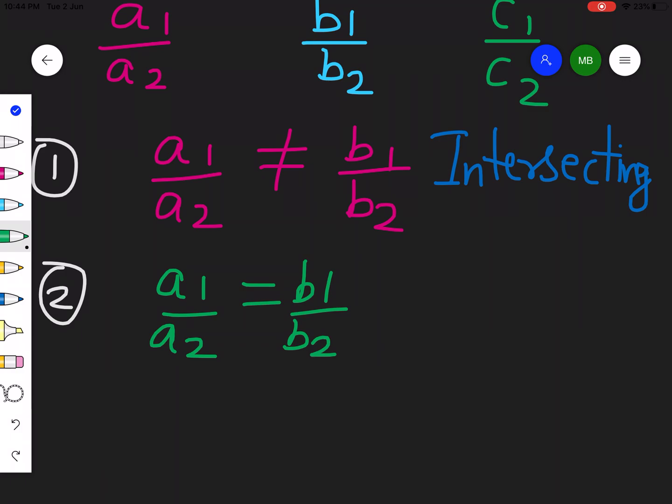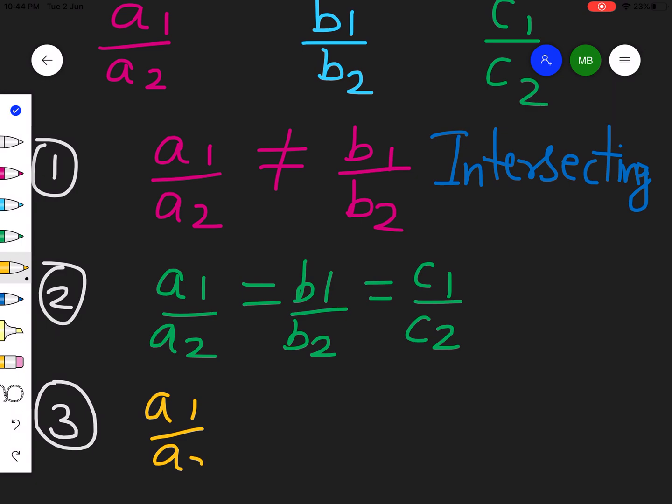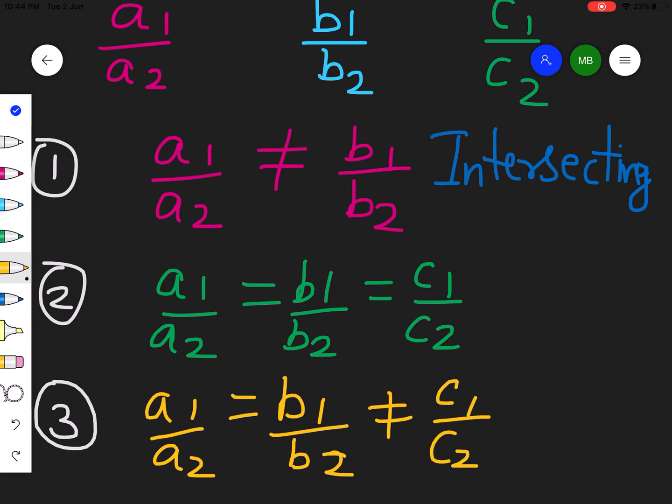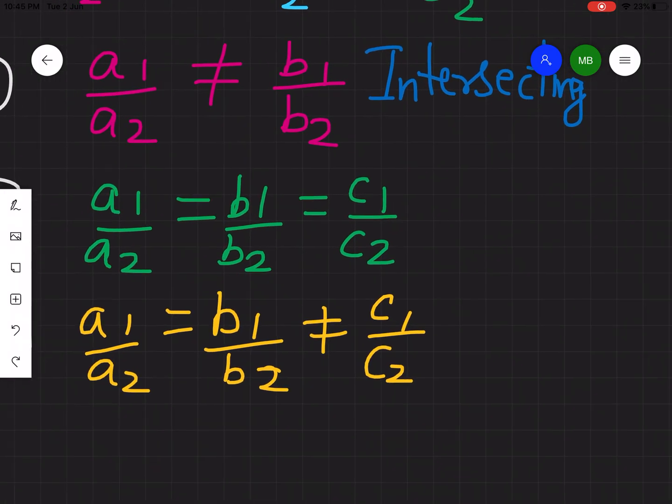Either the ratio of coefficients of x is the same as the ratio of coefficients of y, and in turn the same as the ratio of the constant terms, or the ratio of coefficients of x is the same as the ratio of coefficients of y, but not the same as the ratio of the constant terms.